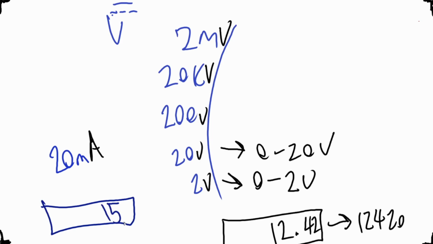If you tell the lab guy, oh yeah, I'm measuring 15 amps, they'll mark you down or something, because you're not measuring 15 amps. You're measuring 0.015 amps. You're measuring 15 milliamps of current. So that's something important to watch out for.